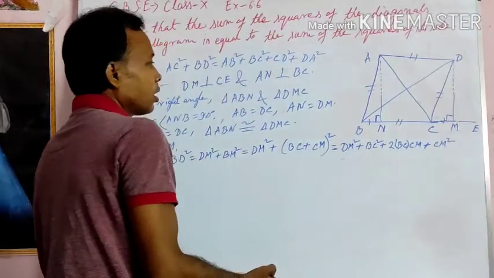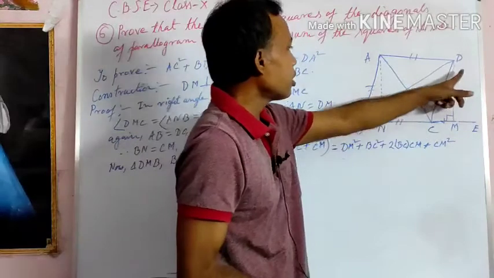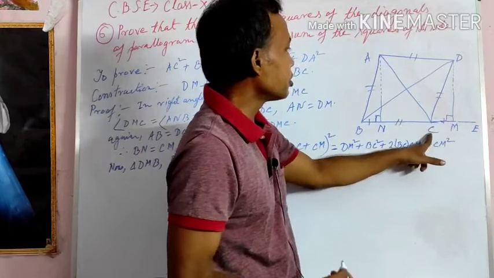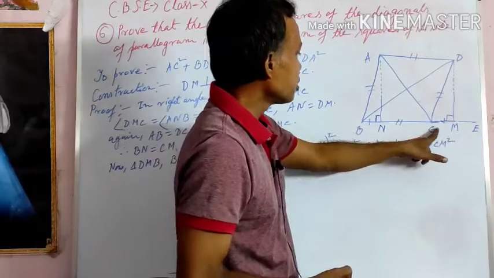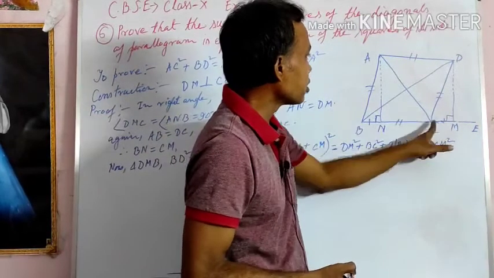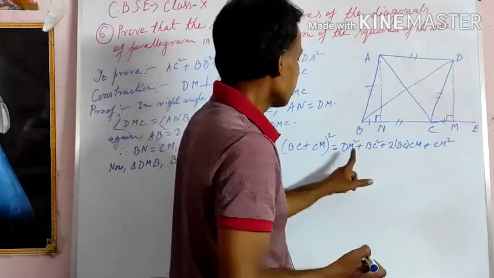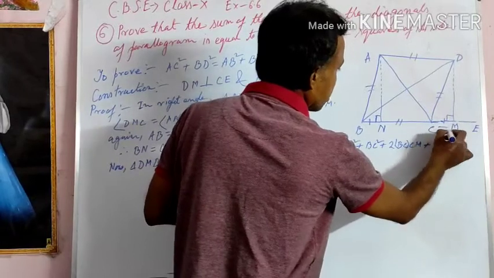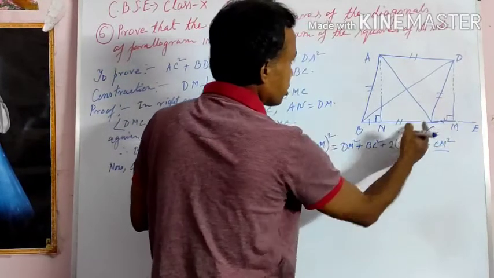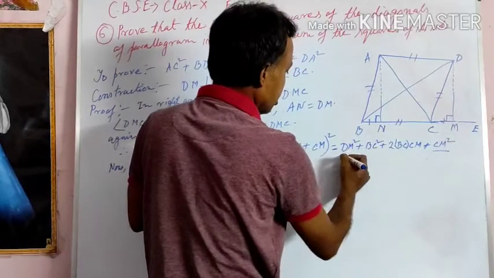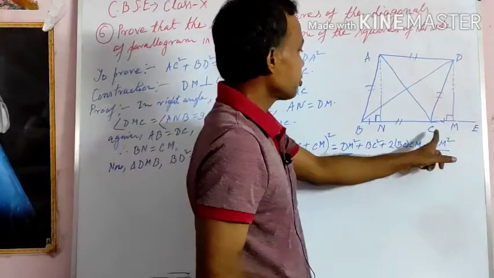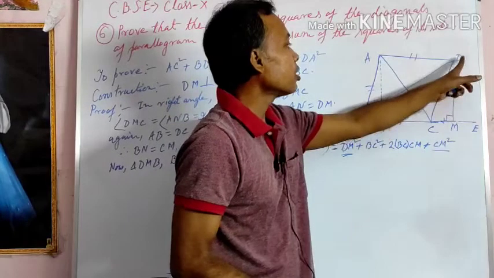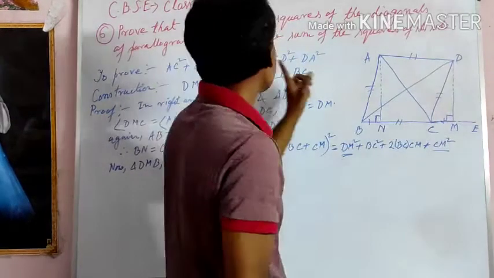Now, in right angle triangle DMC, CM square plus DM square is equal to DC square. In place of CM square plus DM square, applying Pythagoras theorem, we can write DC square, which is required here.